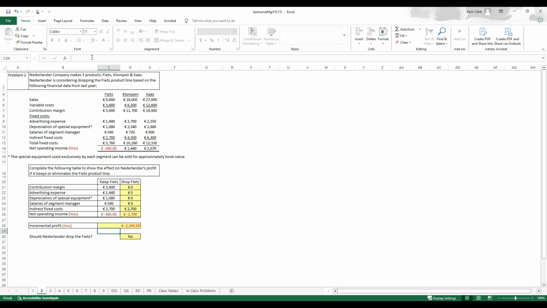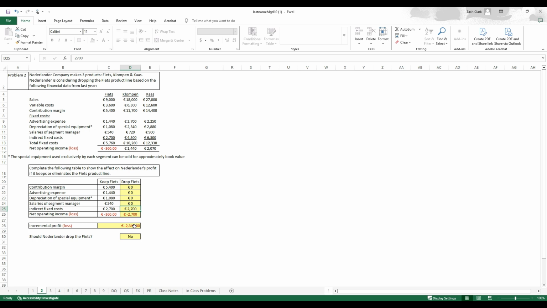If we combine those two impacts, we're going to have an incremental loss of 2,340. And this one already said no. I think that was already set actually. If it needed a blank we could make a choice, but no is the right answer here.